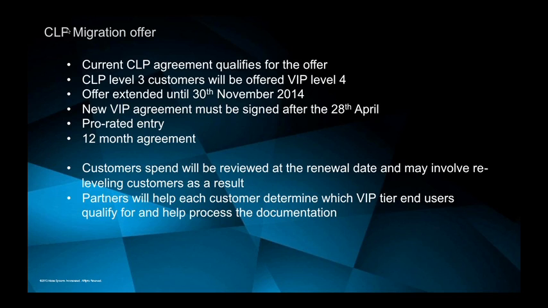So the answer at the moment is we will look at your history on your VIP agreement, and we'll count up the number of seats and users you've ordered, and then we'll go back to that VIP tiering program and determine which level you'll be accessing the products at. So if during your 12-month period at level 4 you've only ordered 50 machines or 50 users and machines, there's a risk you may go down to VIP level 2 in 12 months' time.